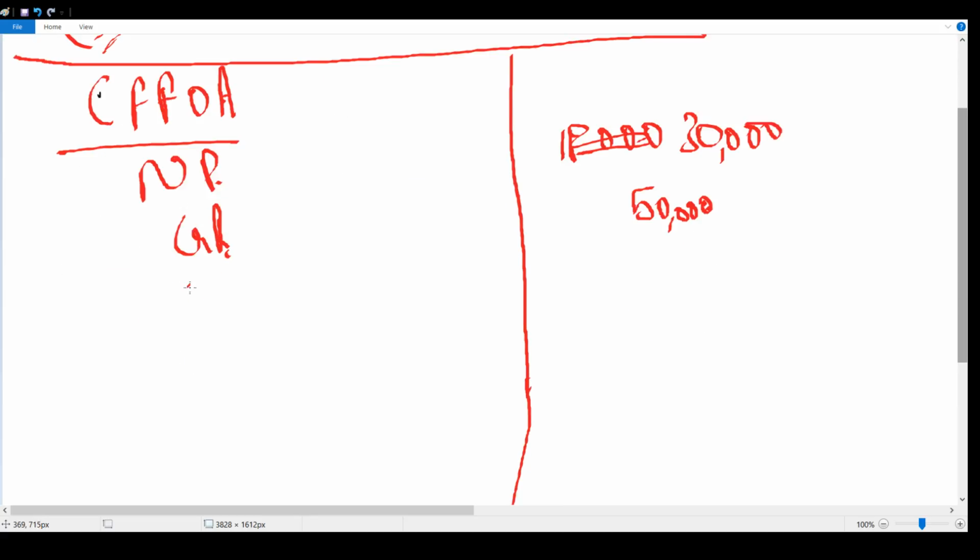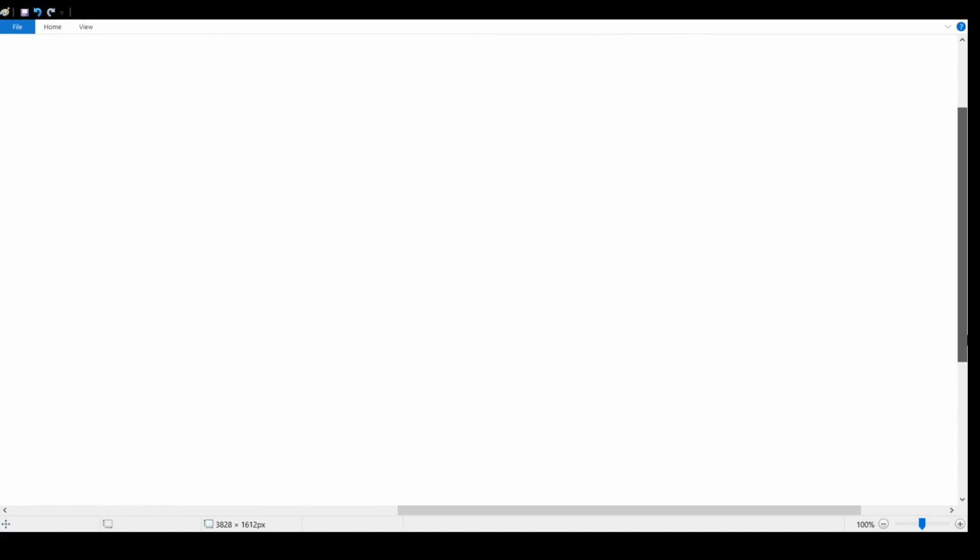Yeah, so let's start. Provision for taxation. They have provided us the provision for taxation for the current year, that is, in the fourth point, rupees 55,000. So we'll make a working note of provision for taxation here.